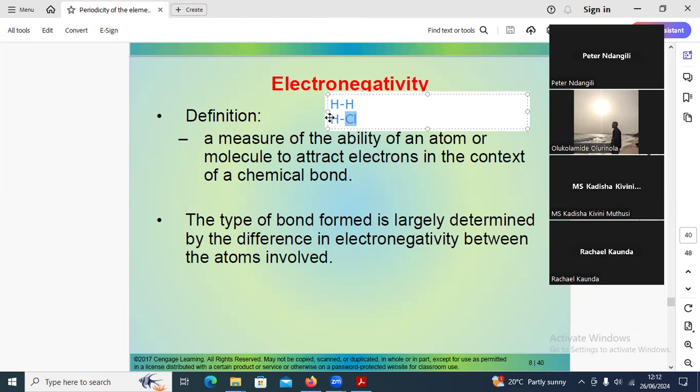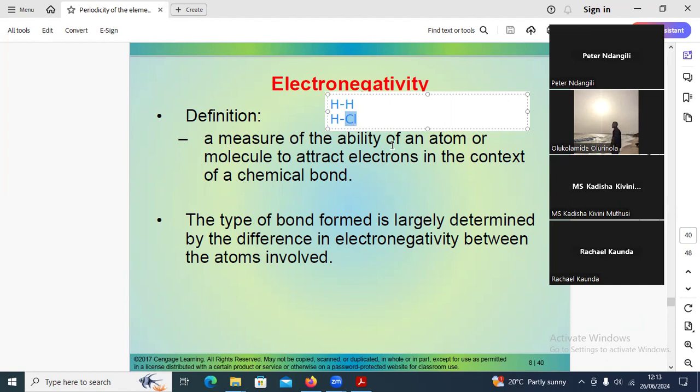And therefore, when it is in this bonding system, the one electron in hydrogen is pulled towards chlorine, meaning that the electrons are going to be shared in such a way that they will be closer to the chlorine than they are to the hydrogen. And therefore, we say that the electronegativity of chlorine here is higher than that of hydrogen because it has a higher tendency of pulling the bonding electrons towards itself.